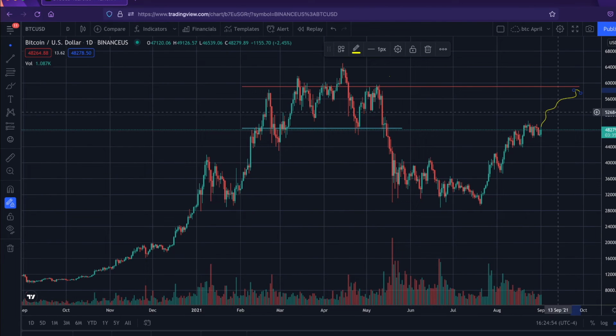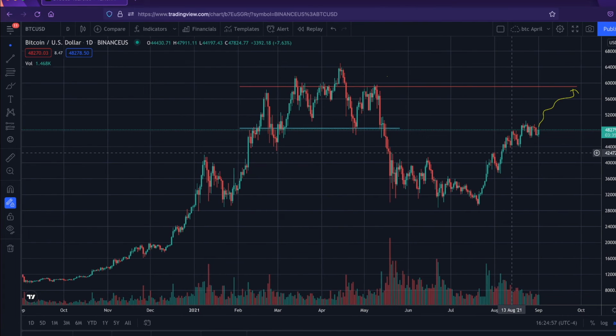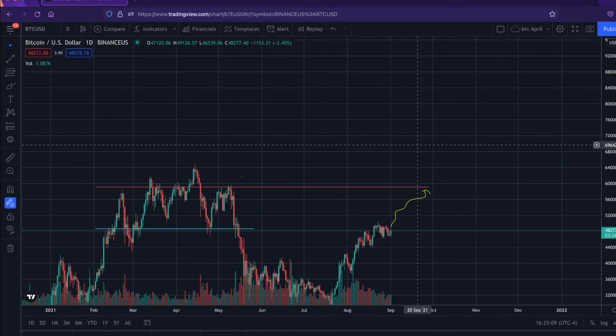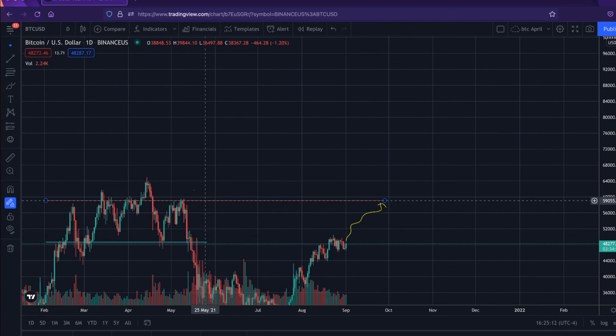Once we break above this 59,000 level, there's nothing here to stop us, and the market is just going to establish itself wherever it wants to. So once we get past this 59,000 level, or maybe the 65,000 level, there's nothing here that's going to stop us, because there's no previous price action up past 65,000.